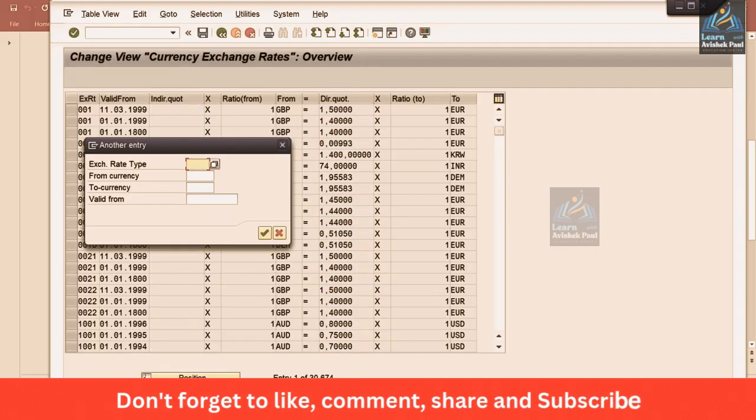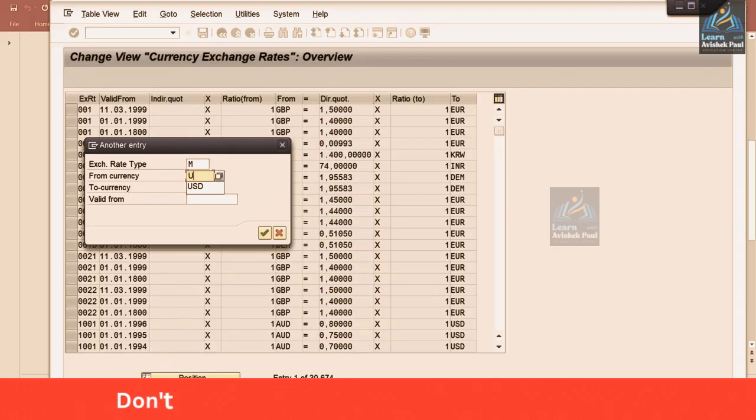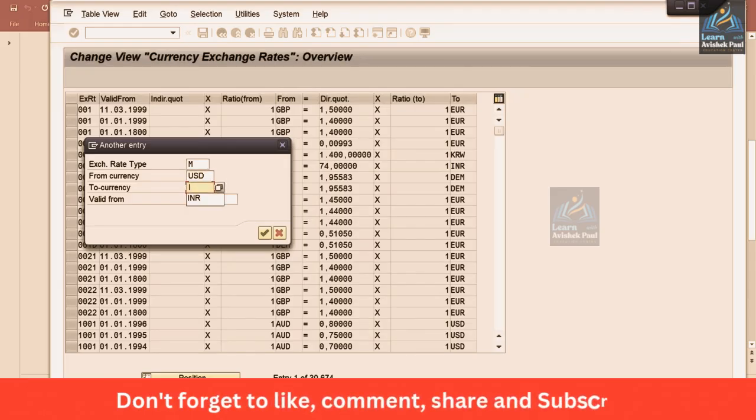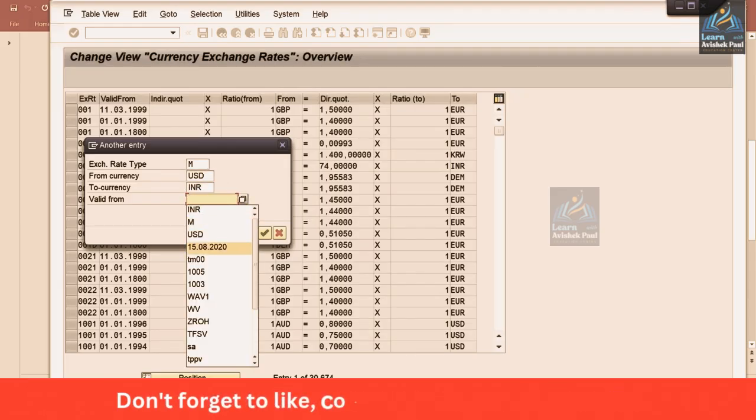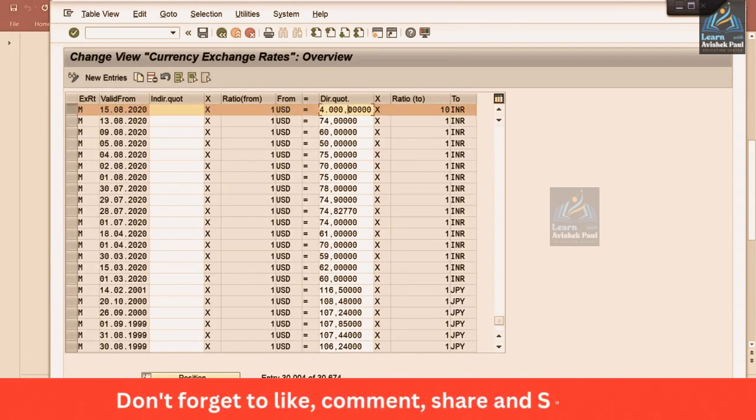Click on position: exchange rate type, your currency, date. So I have specified the rate here, under direct quotations. And there is one more thing here called indirect quotations.